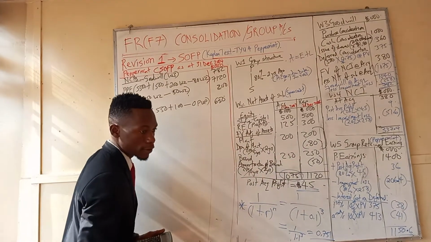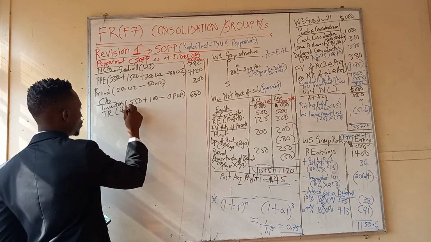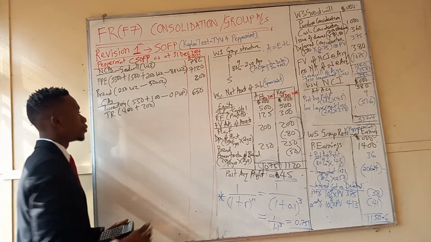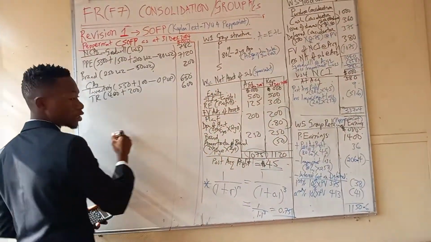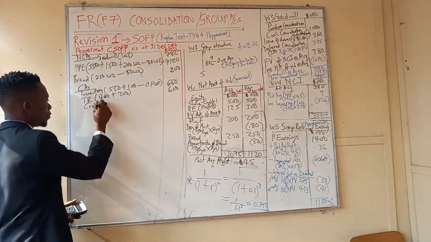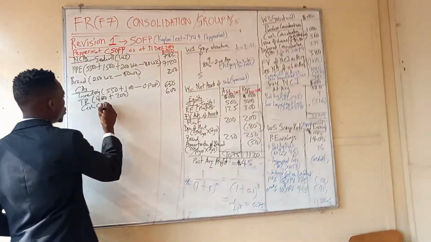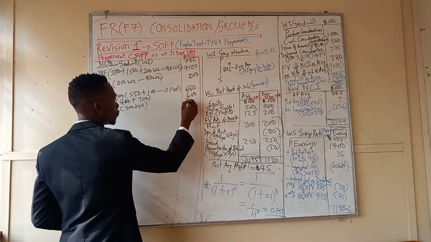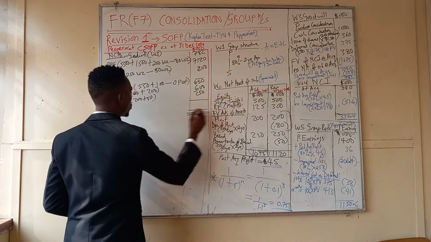Trade receivables, 400 plus 200. There is no intra-group, so this will be 600. The cash balance, 200 plus 50, that will be 250. Then the total assets.